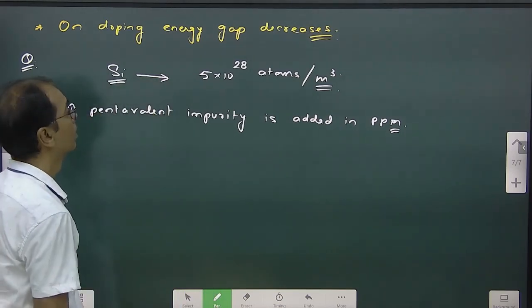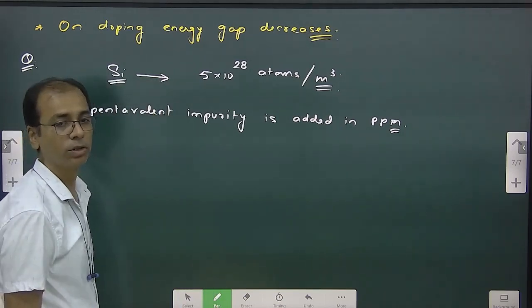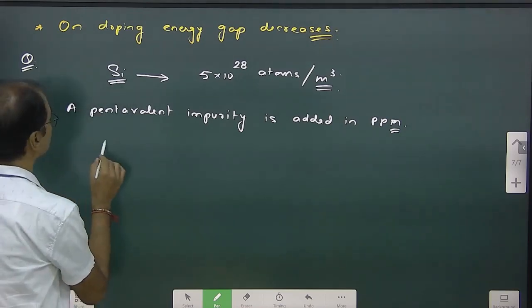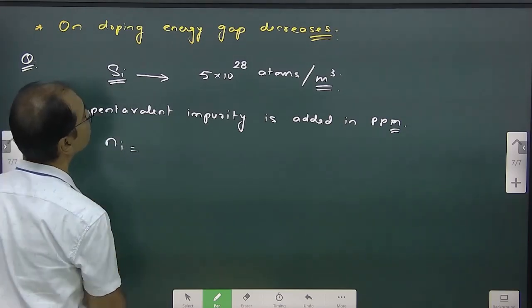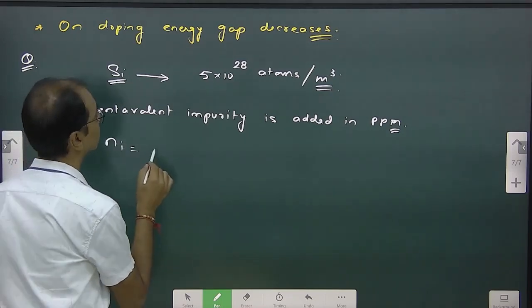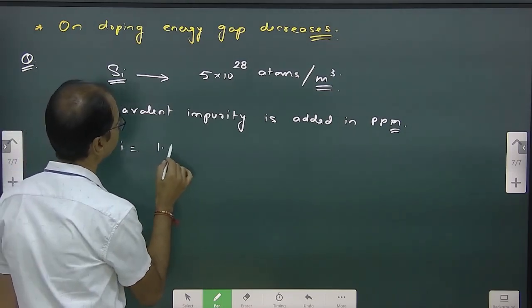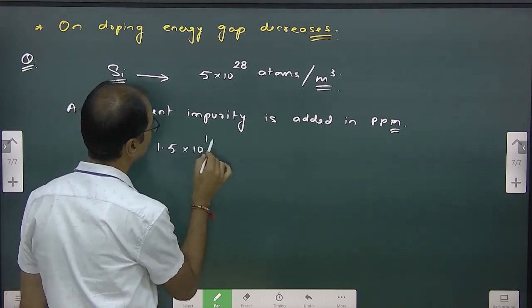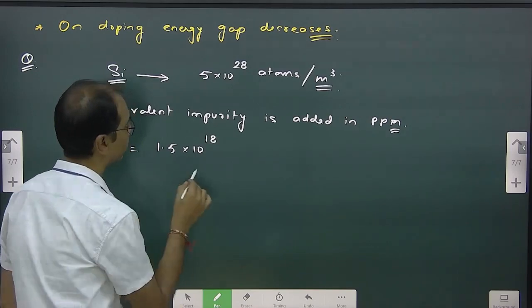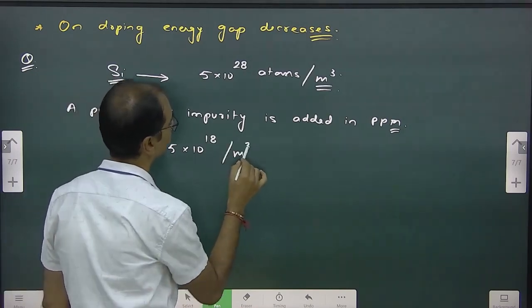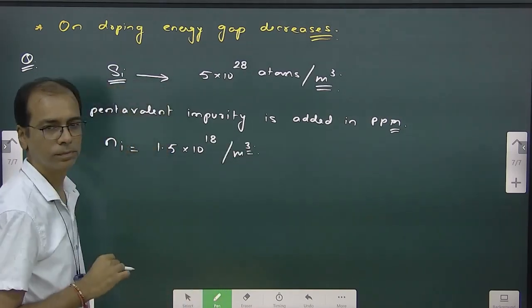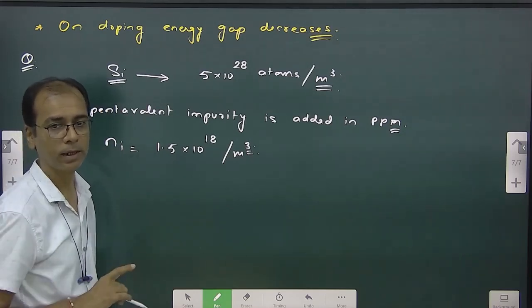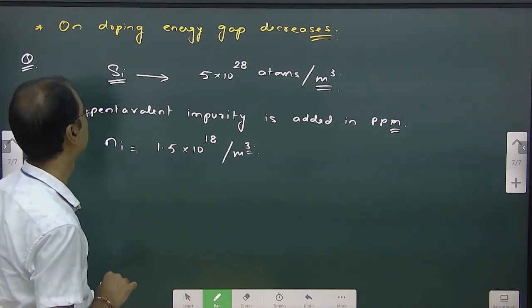Then how much was Ni, the concentration of charge carriers in silicon? Ni value, let's say, is 1.5 into 10 to the power 18 per cubic meter for silicon. So, what do you want now?